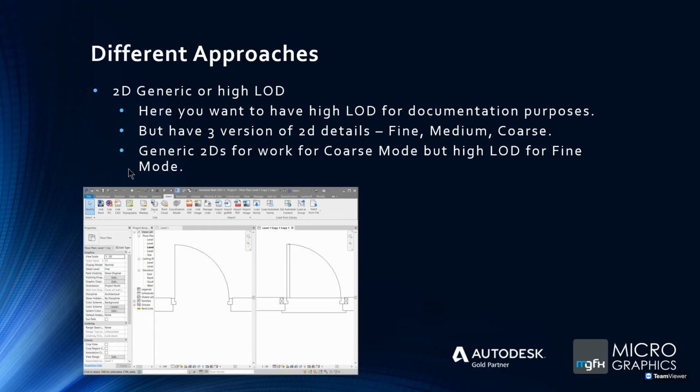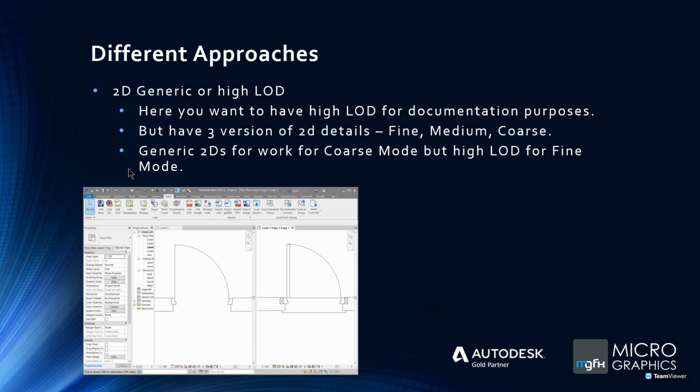All right. As I also mentioned, in the coarse mode, you can have generic lines, arcs, and circles. But for the fine mode, you might have a high level of detail where you have the frames, or in this case, the frames and the cavity closures and that sort of thing. And this is just an example of a door, but in any industry, you might have that, be it, say, showing a steel family, an I-beam or whatever.